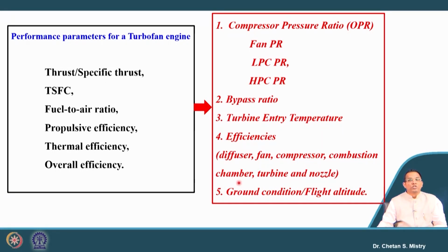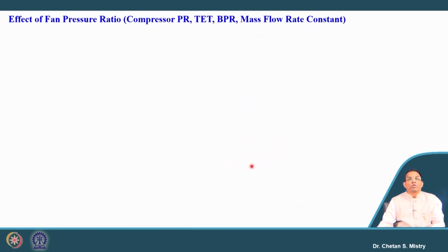We have assumed different efficiencies of different components, including diffuser, fan, compressor, combustion chamber, turbine and nozzle. These also have an impact on the performance of the engine. Here we are discussing the ground condition, but it is possible to do the calculation for a flight condition at a particular altitude. So, let us look at what our performance parameters are.